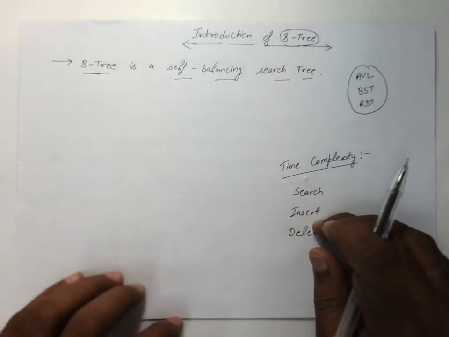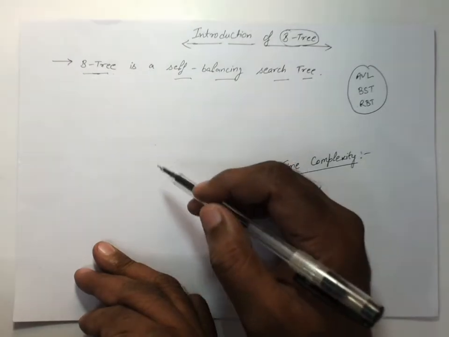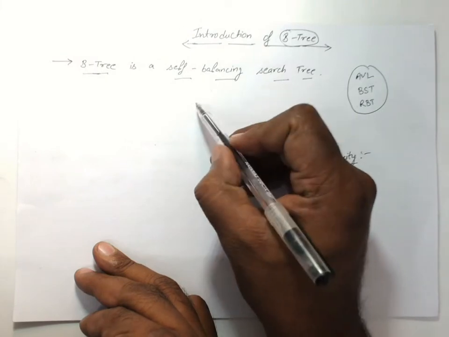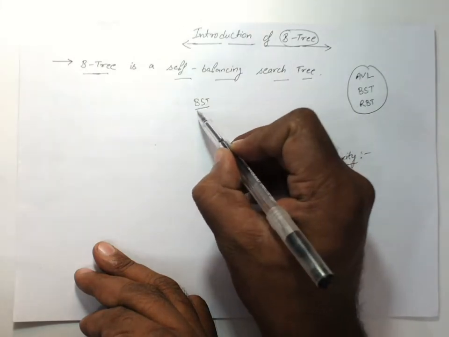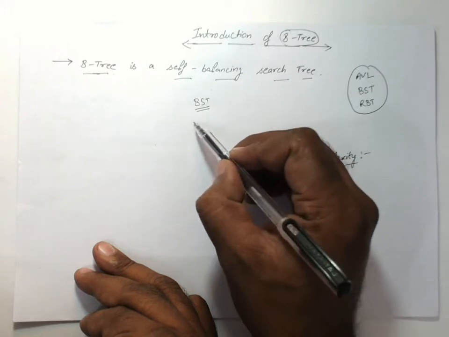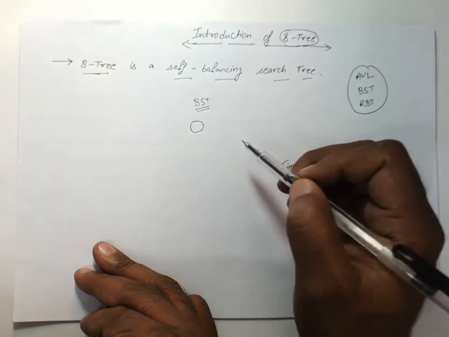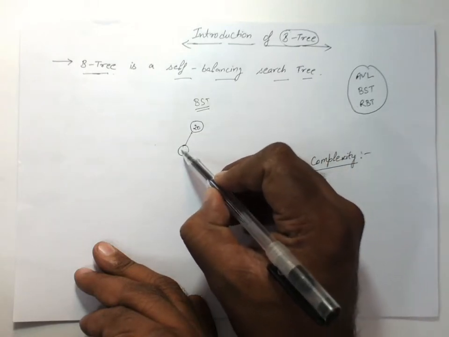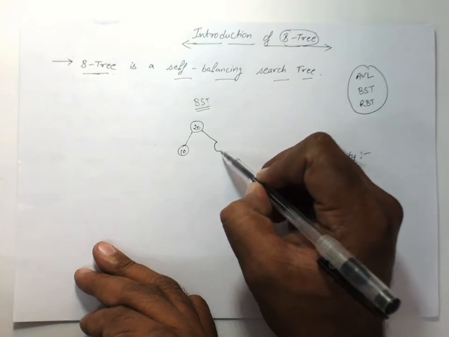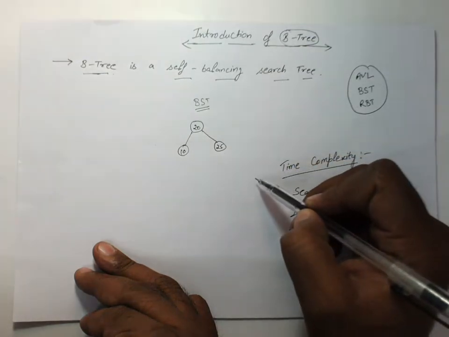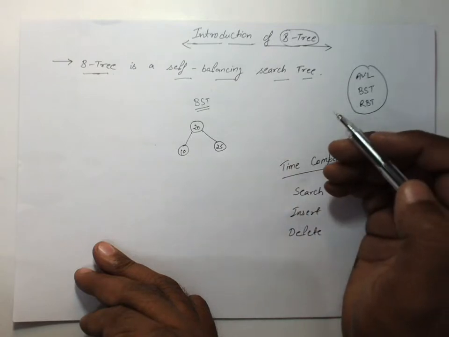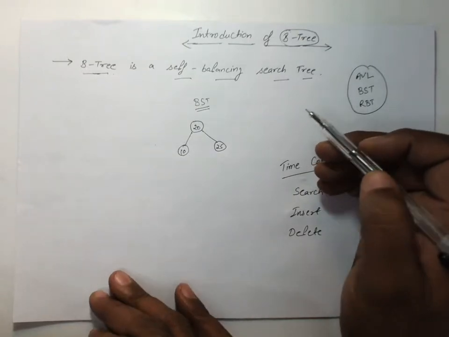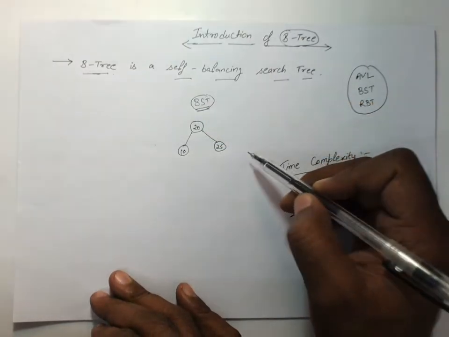In a BST, that is a binary search tree, in any particular node we can store a maximum of one value, like this 20. The left child of that node is less than the root node, and this is the property of the BST, and the right child of any particular node is greater than the root node. This is the actual meaning of a binary search tree.